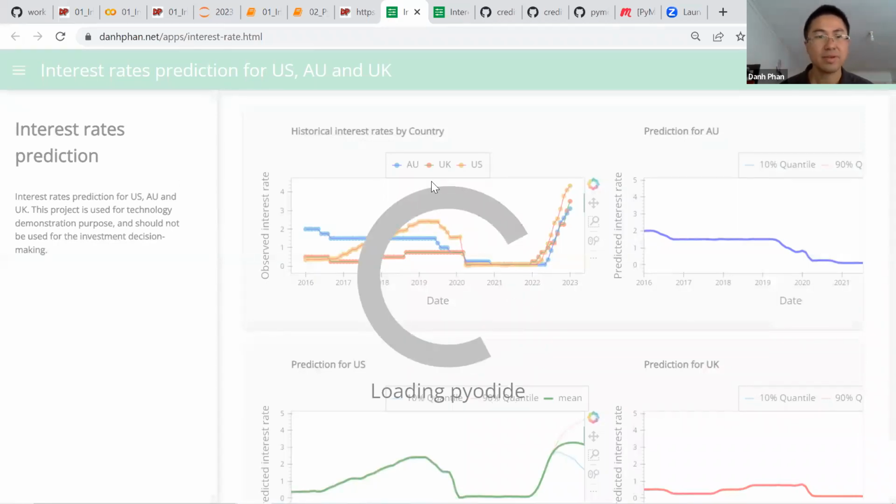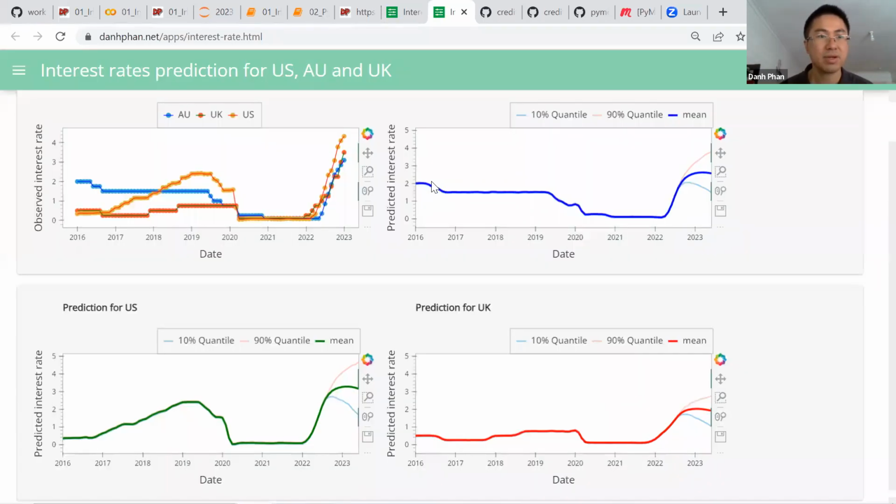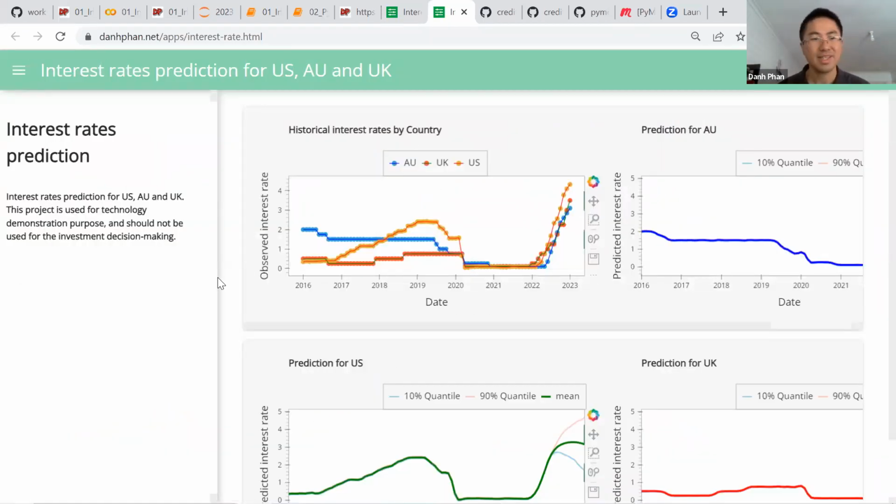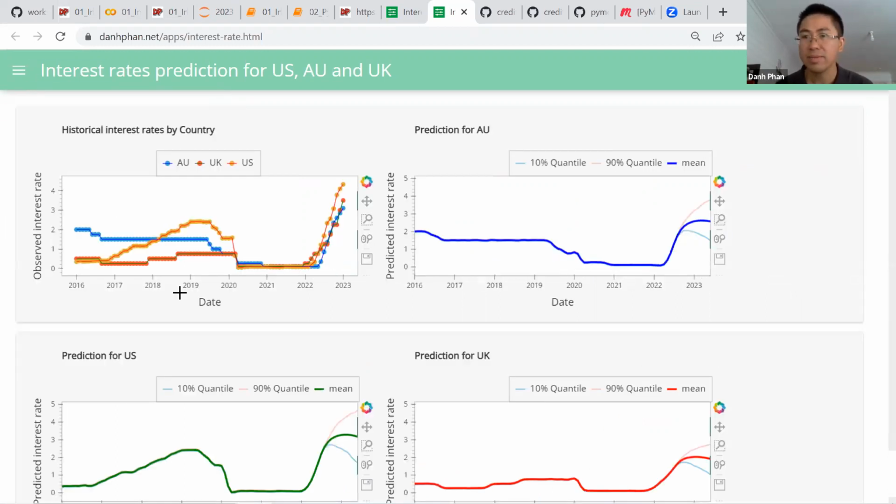But after that you can see it. I mention here that this is just for technology demonstration purposes, not for investment decision making. But if you have some expert domain knowledge, you can maybe incorporate other things here, like selecting a different kind of kernel, or incorporating something like the inflation rate, because inflation might affect the interest rate.